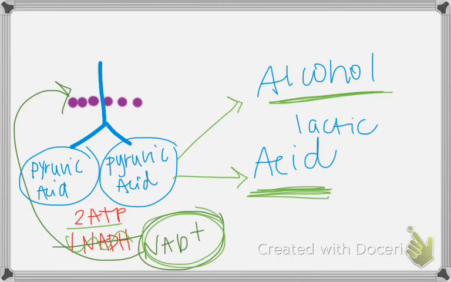Okay, so the next thing, if you're looking at the notes, says facultative anaerobes. Those are organisms that can perform both. They like to have oxygen. They prefer to have oxygen. But without the presence of oxygen, they can survive.